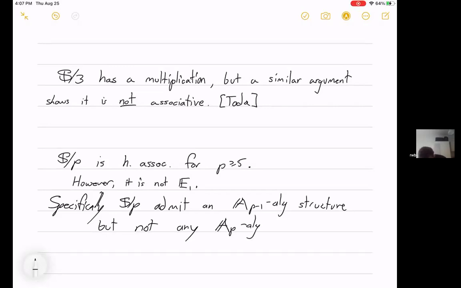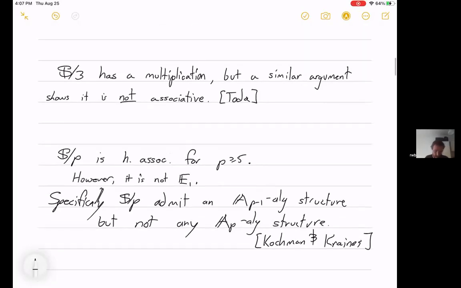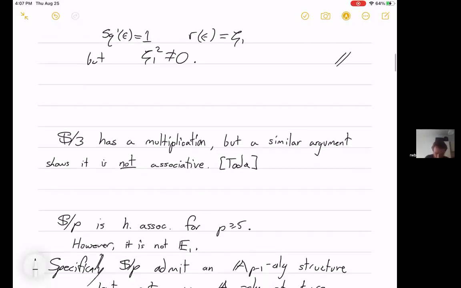So we know exactly how much associativity we can put on a sphere mod prime. And this is not stated outright, but it's due to Hopkins and Mahowald. And the argument is essentially the same as the argument I sketched above, but appropriately modified.